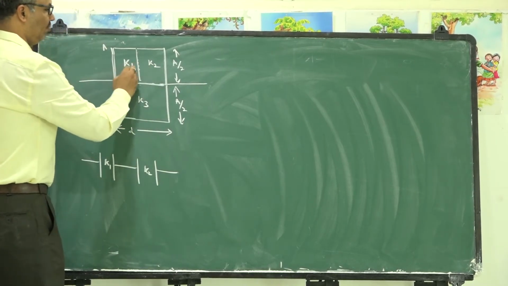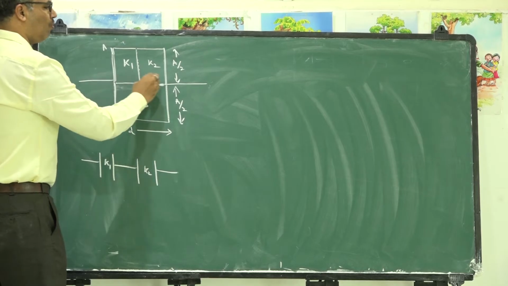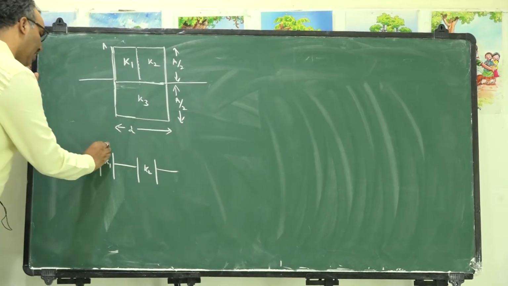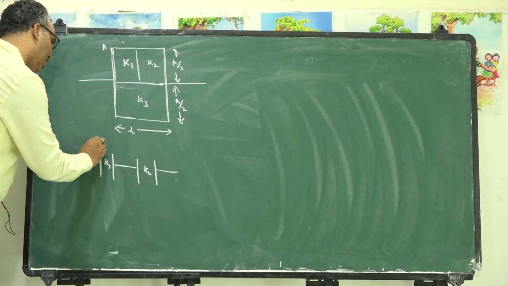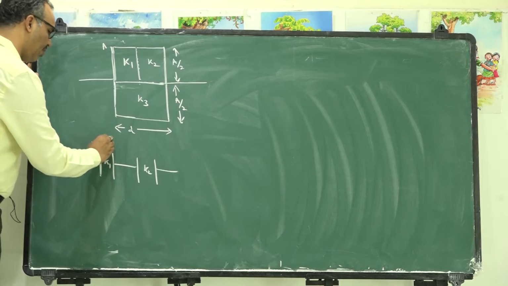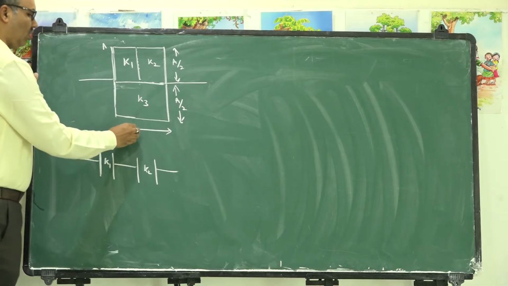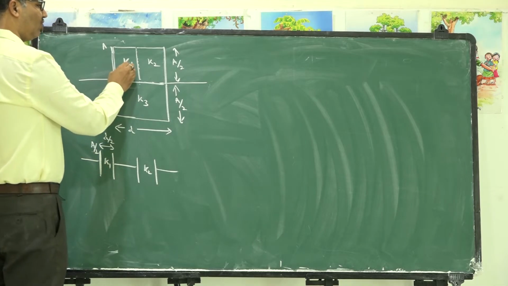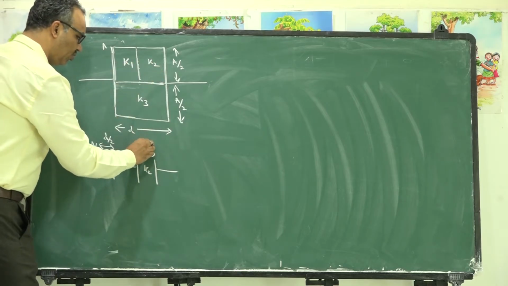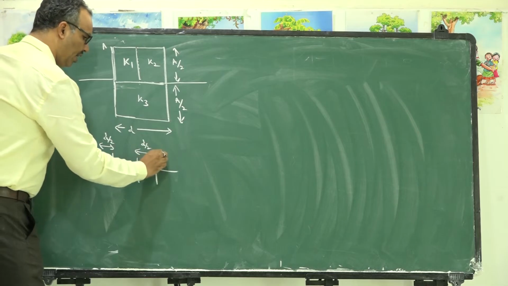Let us imagine the upper half portion as a combination of 2 capacitors. Here each capacitor plate has area A by 2 and separation D by 2. Total separation is D. Half of this is filled with K1, half with K2. So D by 2 is the separation, A by 2 is the area.